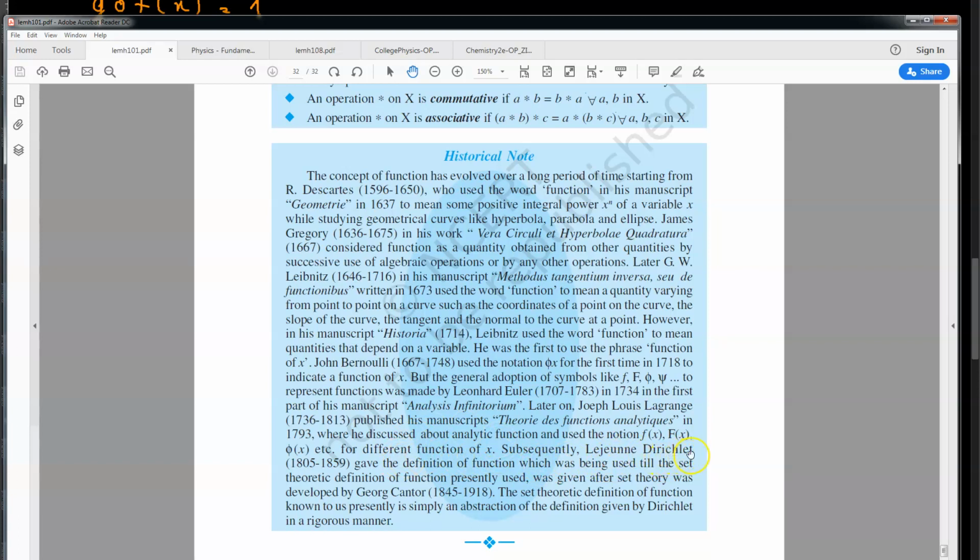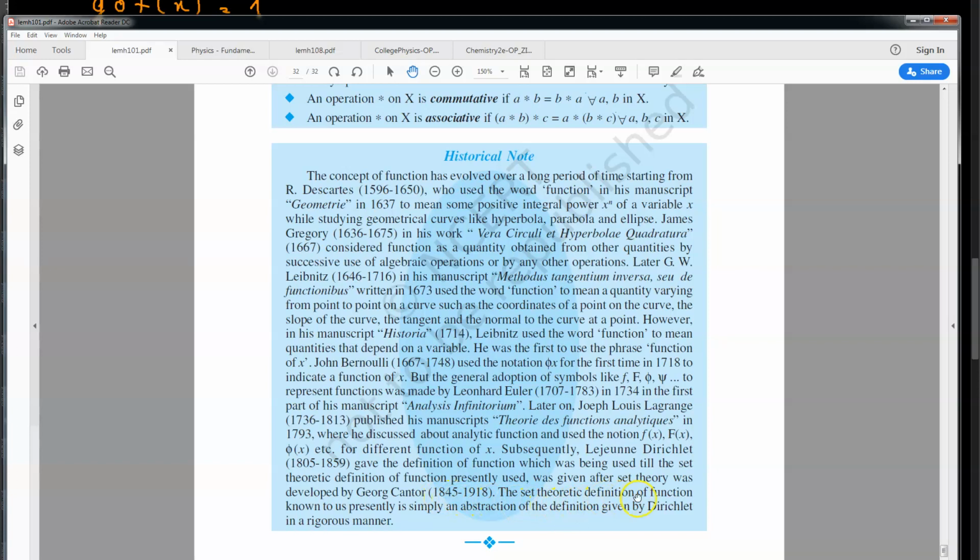Subsequently, 1805 to 1859, a mathematician gave the definition of function which was being used till the set theoretic definition of function presently used was given after set theory was developed by Georg Cantor, 1845 to 1918.